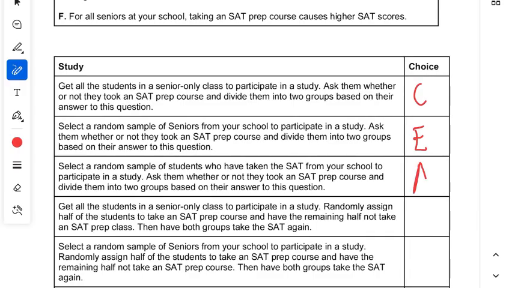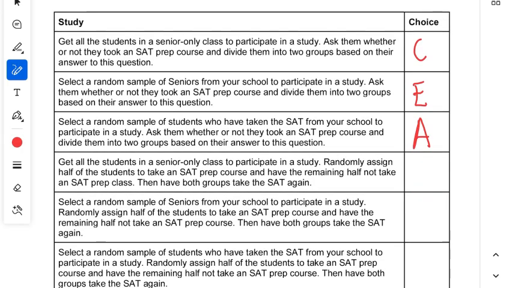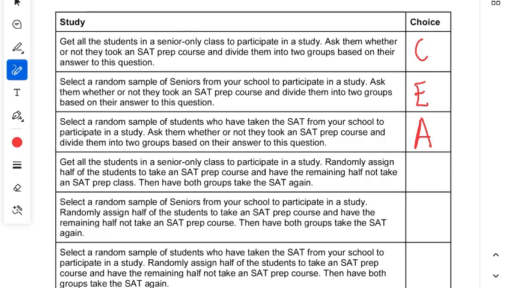That would be A. The next one: get all students in the senior-only class. So instead of all students, it's just a senior-only class to participate. Randomly assign them to take a prep course and have the remaining half not take it, and compare their SAT results. That is D.